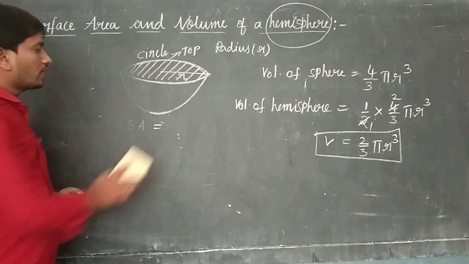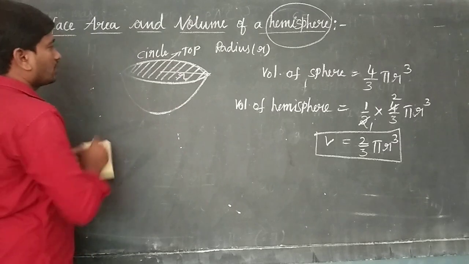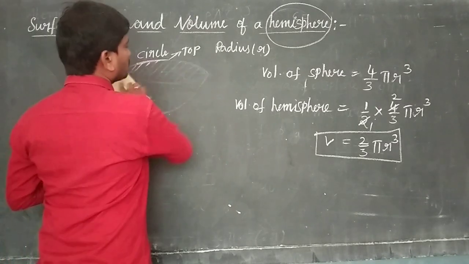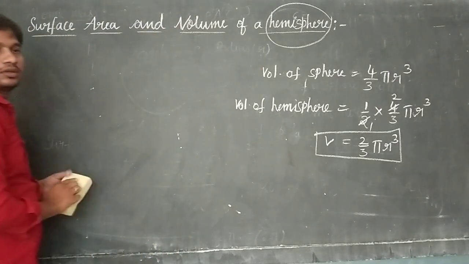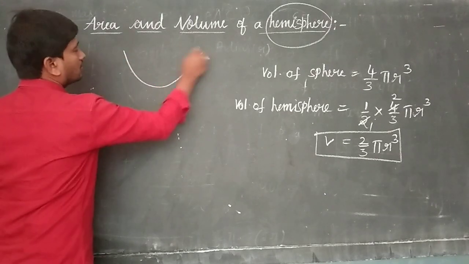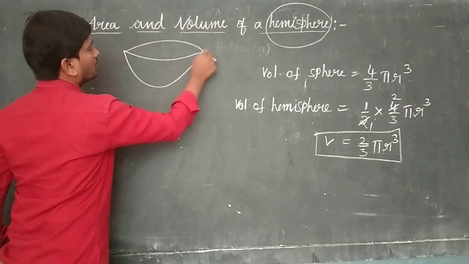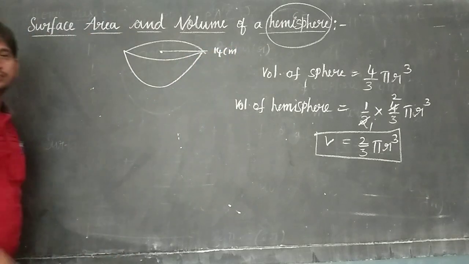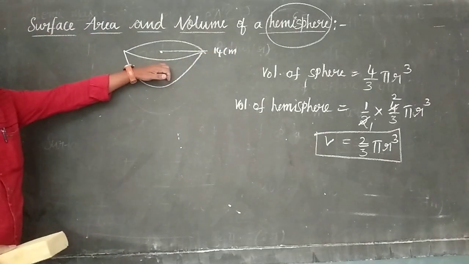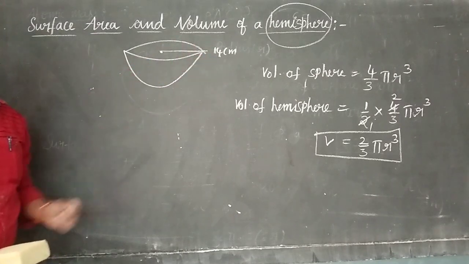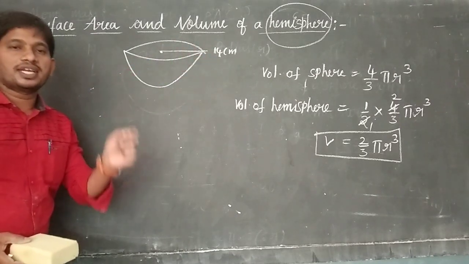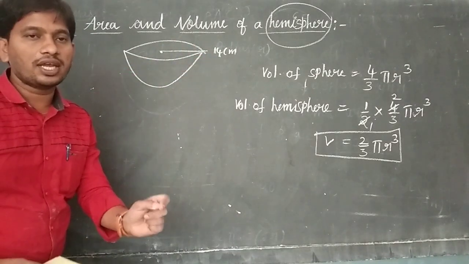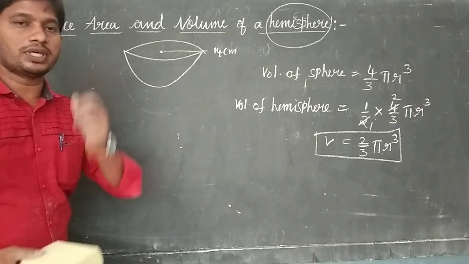Okay, let us do one more sum based on this topic. This is our hemisphere whose radius is 14 centimeter. Find the TSA, CSA and volume of the hemisphere.